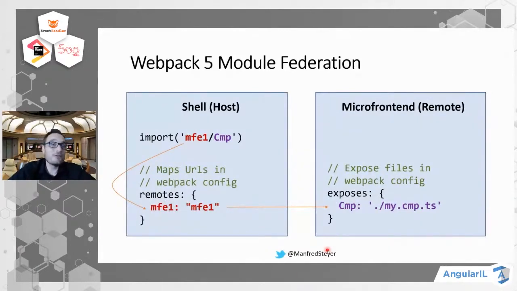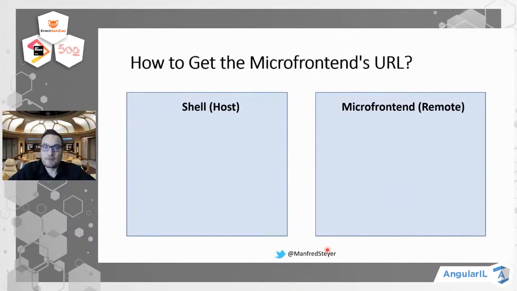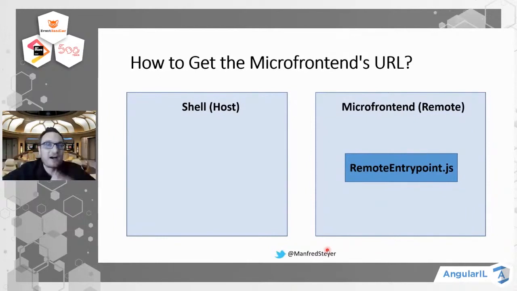Okay, now you are wondering, how can we get the URL of the micro frontend? For this, we have several options. The easiest option is to compile the micro frontend, and when doing so, Webpack gives you a remote entry point. Just a tiny file, just a few bytes, it's not big. And then when starting the shell, you can load those few bytes into your browser using a script tag.